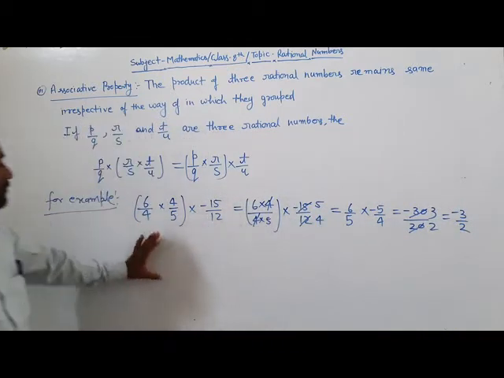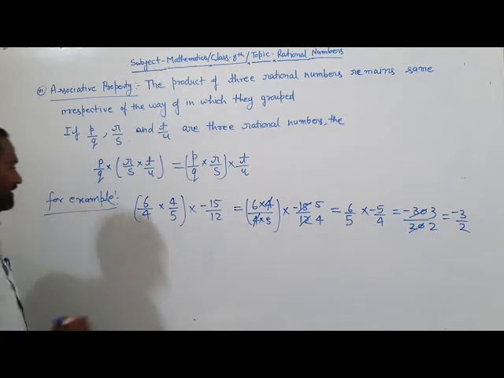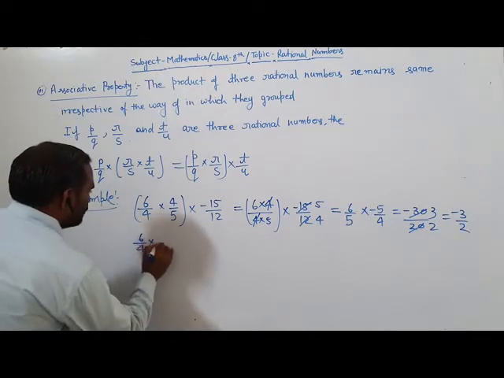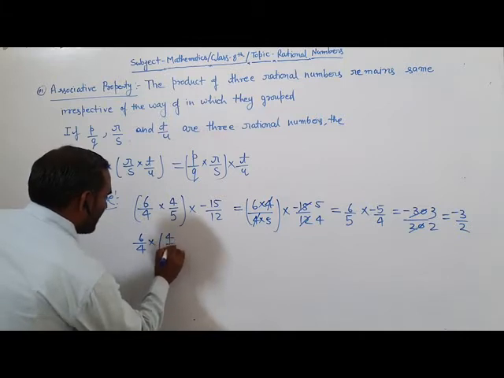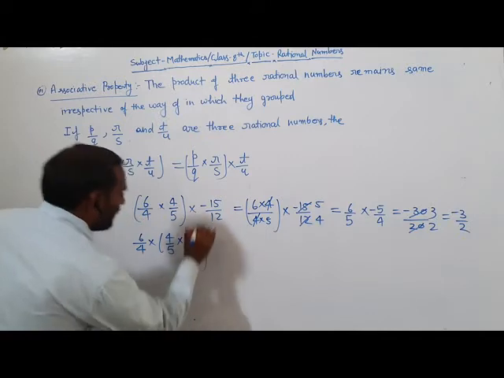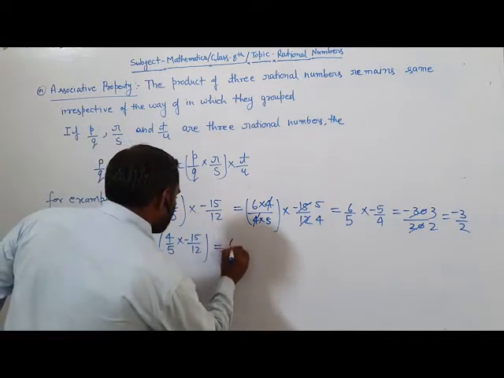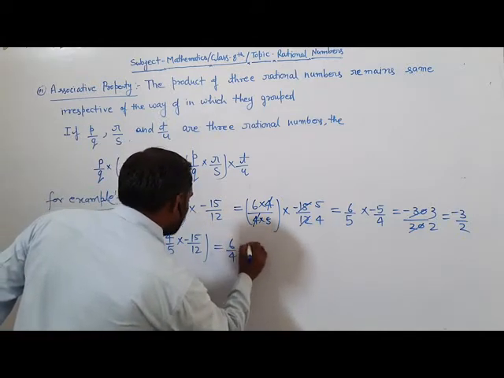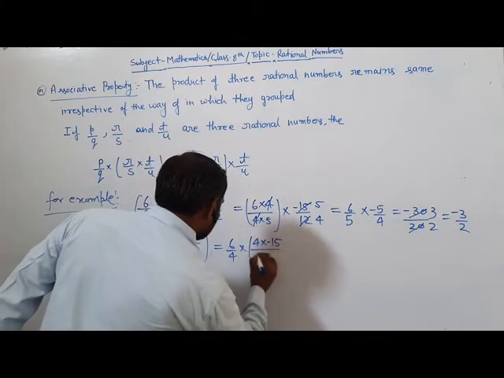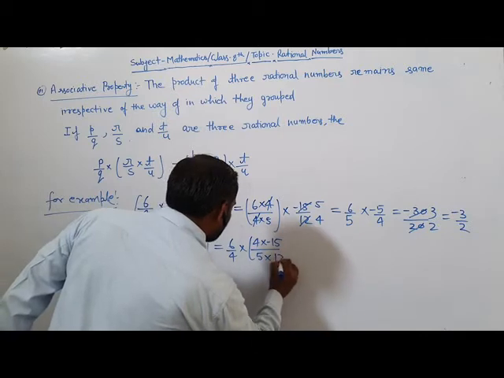Now we have to change the order. Take the 6 by 4 into 4 by 5 into minus 15 by 12. Here 6 by 4 into 4 by 5 into minus 15 by 12.